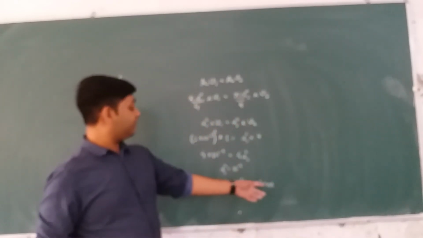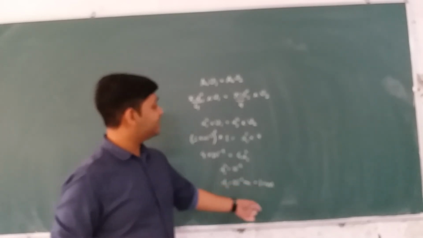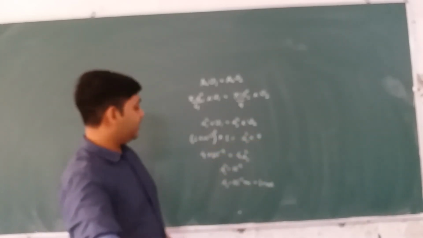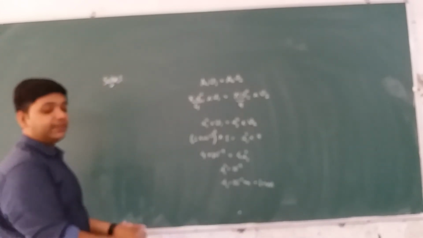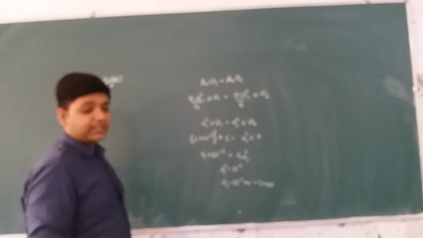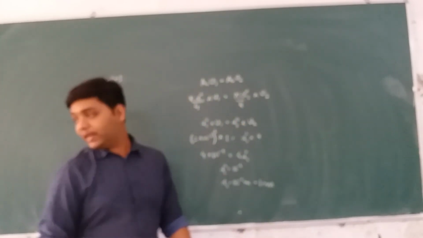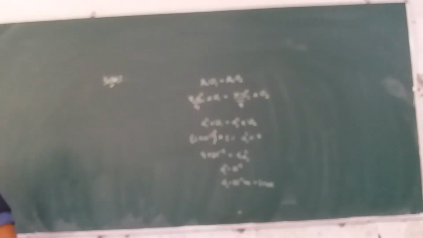So if the diameter of the nozzle is 1 centimeter, water will emerge out with the velocity 4 meter per second. I hope this question was quite simple, and again you can expect such kind of problems in your exams. Okay? So please note it down, and then we should move to the next problem.